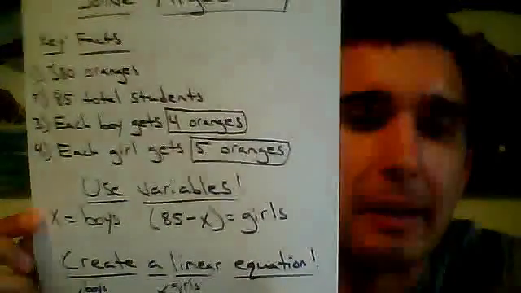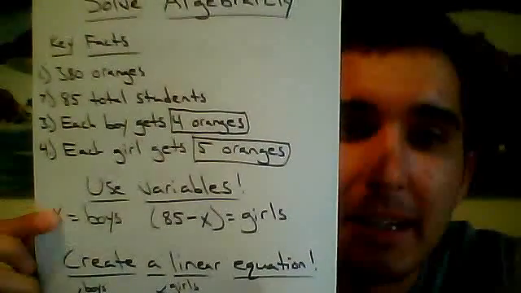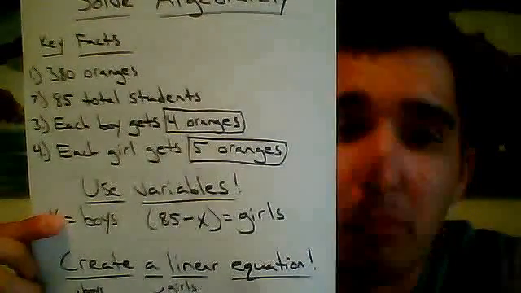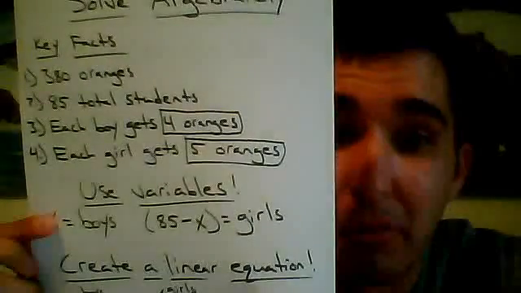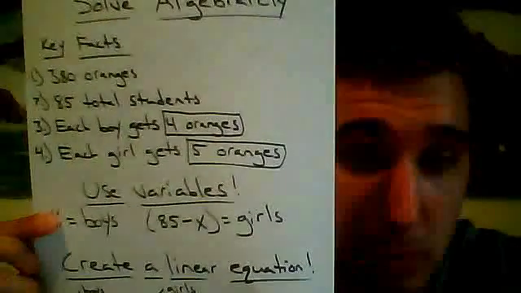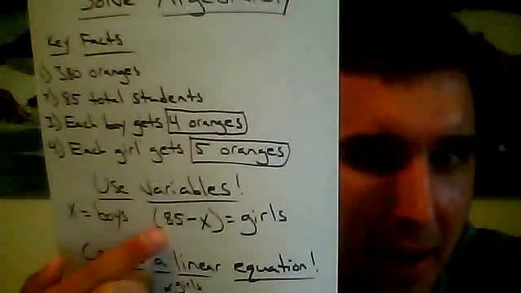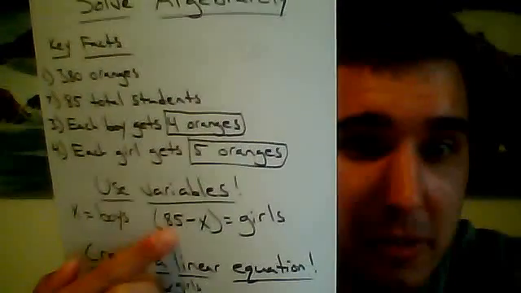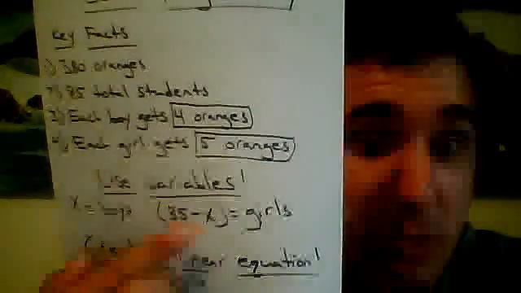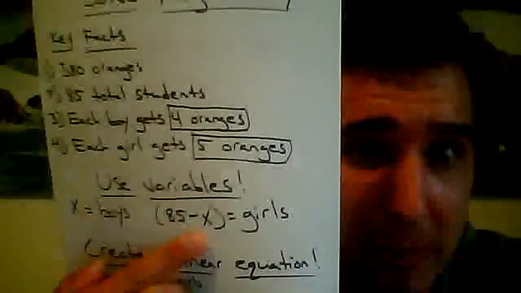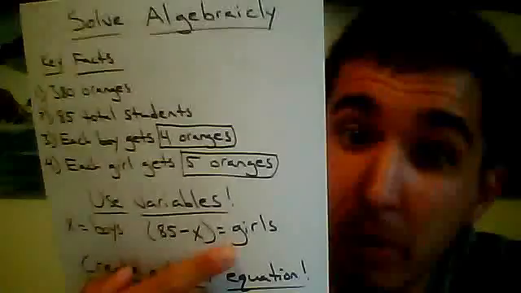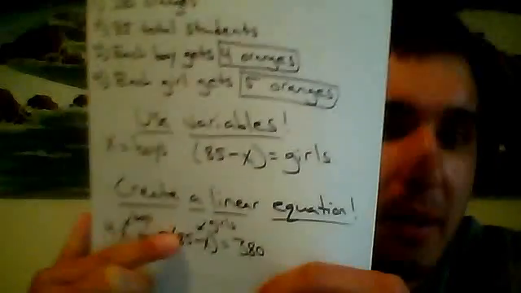And so we're going to say that x is going to equal the amount of boys in our class of 85 total students. So if x equals the amount of boys, then wouldn't 85, which is your total number of students, minus x, so 85 minus the number of boys, give me what? The number of girls. Very good.